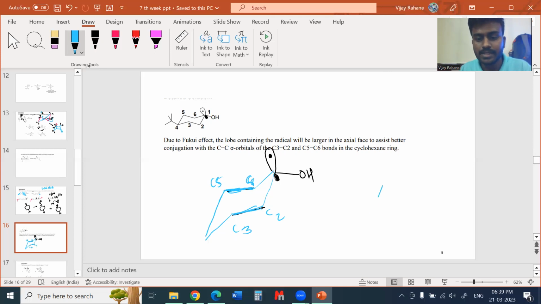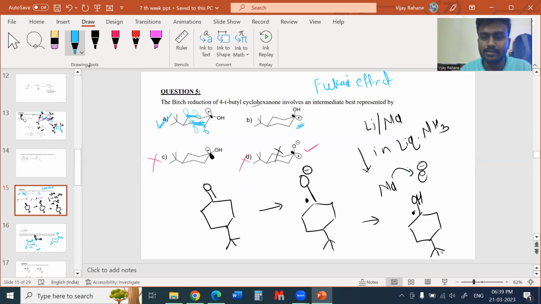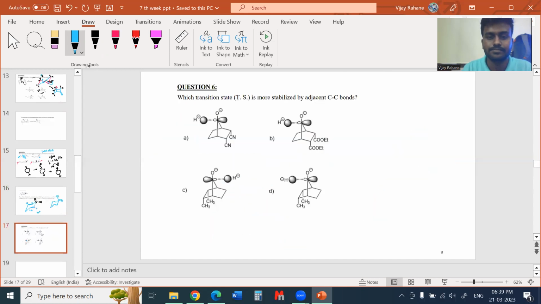And if the radical is on the equatorial one, then this overlap is not feasible, because in the equatorial position it is too far away. So that's why this one is the stable radical, the stable intermediate.